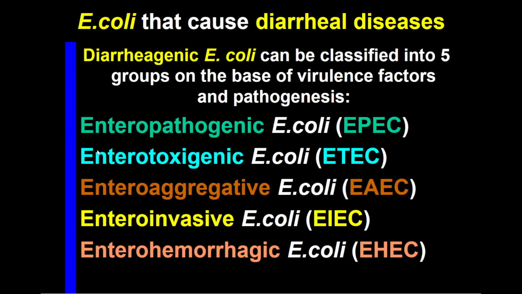Enteropathogenic E. coli, enterotoxigenic E. coli, enteroaggregative E. coli, enteroinvasive, and enterohemorrhagic. The first 3 cause disease in the upper digestive tract, right? And the next 2, the last 2, cause the diseases in the colon.